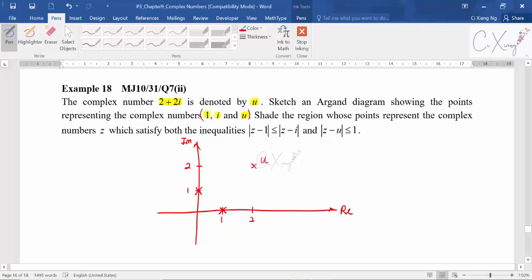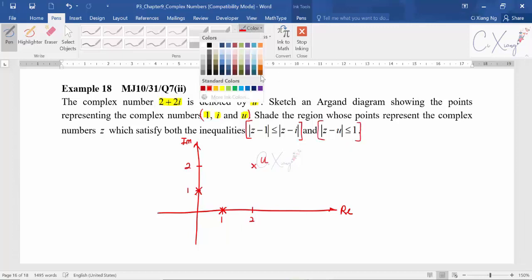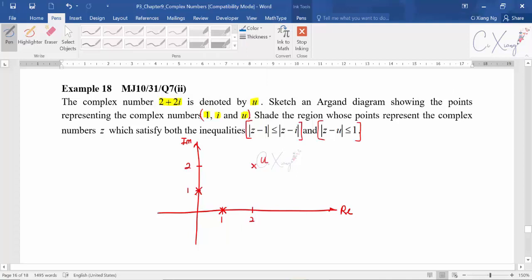Now they want you to shade the region whose points represent the complex number z, which satisfies both inequalities. So you have two inequalities here. This is the first one, and this is the second one. Maybe for the first one, I will use blue color to sketch it down. I have modulus of z minus 1 smaller than or equal to modulus of z minus i.